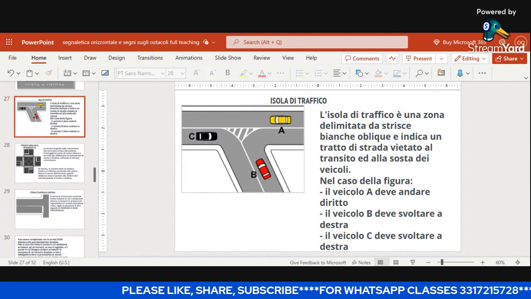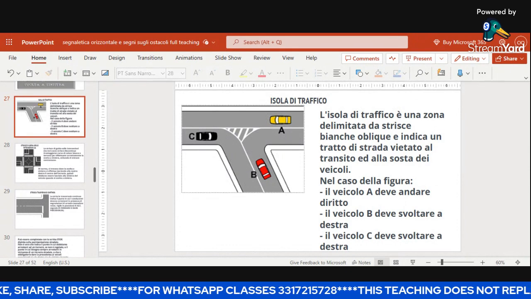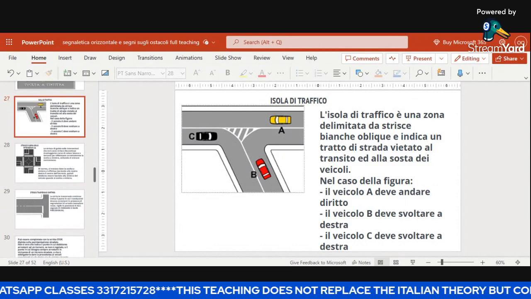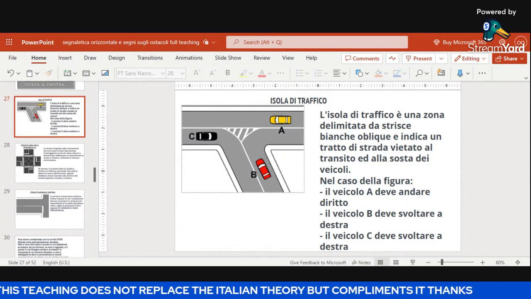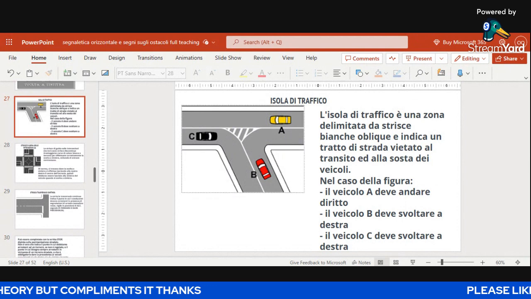Get it in your mind. You cannot park here. You cannot transit on it. If you drive on top of it, or stop or park here, you are in violation. It is just to make sure that vehicles go in the right direction, and in case of traffic, it helps to control the traffic.